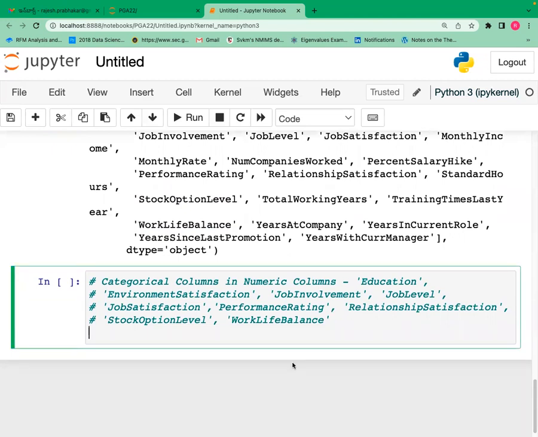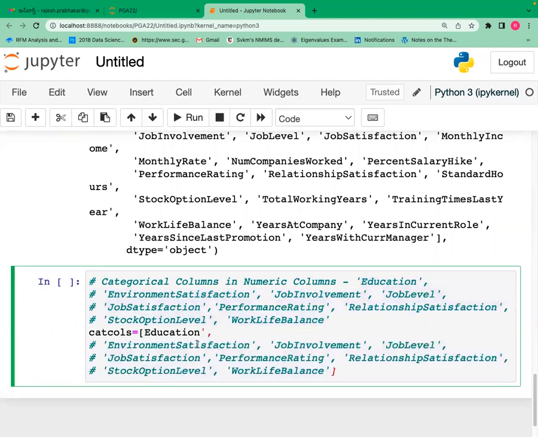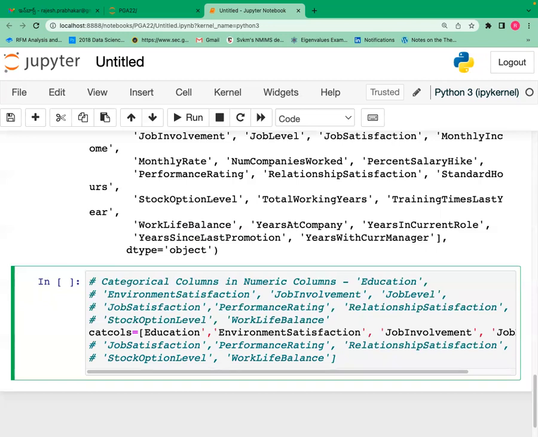So how do we check? We'll create a list. cat_cols is equal to square bracket, and you copy all these variables and remove the hashtags.